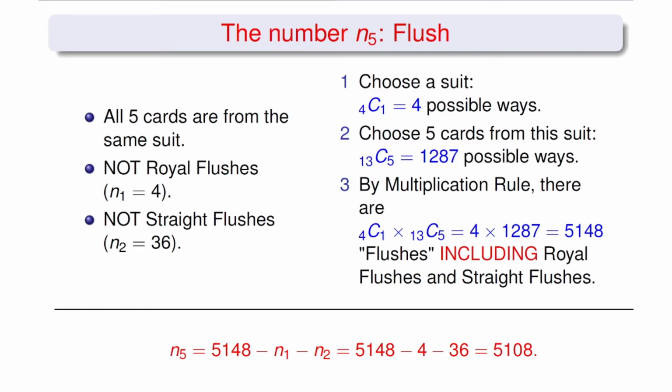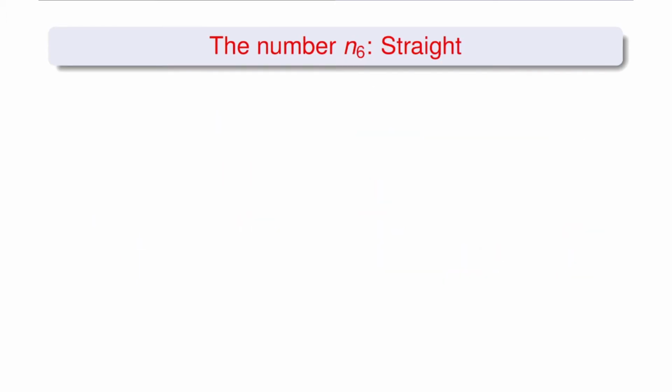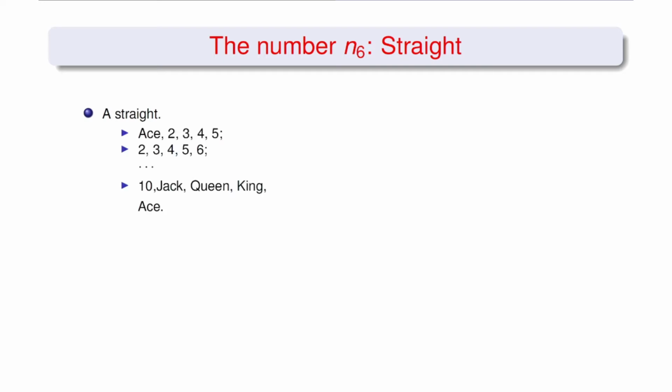Next, we are going to talk about straights, right? How many possible straights are there? N6. Now, in order to be a straight, again, it must be a straight, right? So that is to say, it must be from ace to 5, 2 to 6, and so on, up to 10, jack, queen, king, and ace.